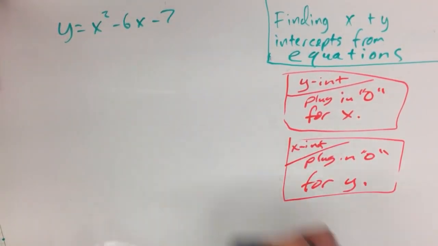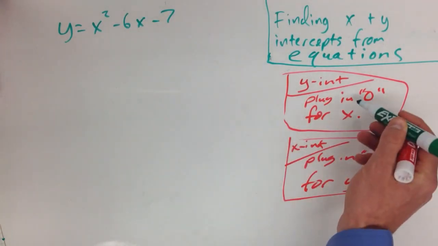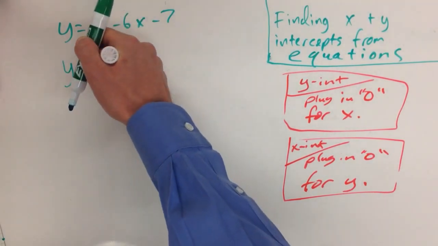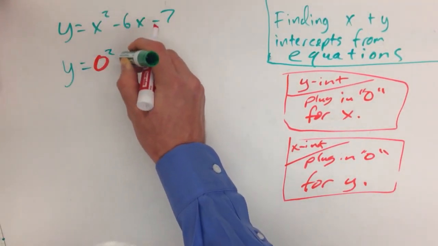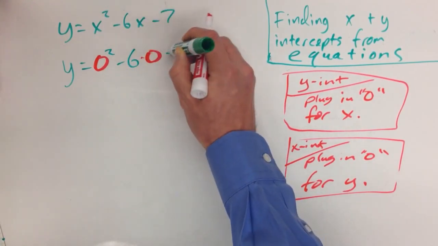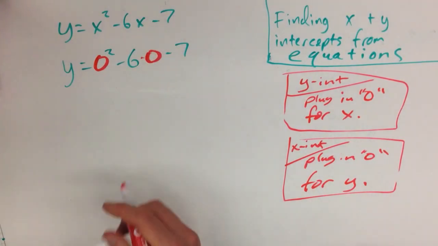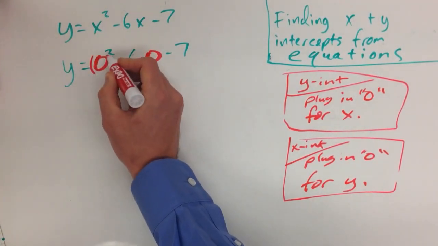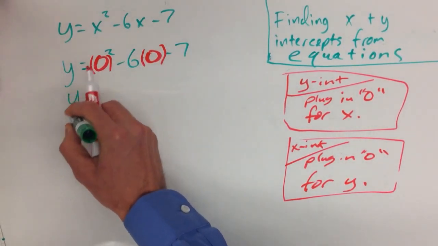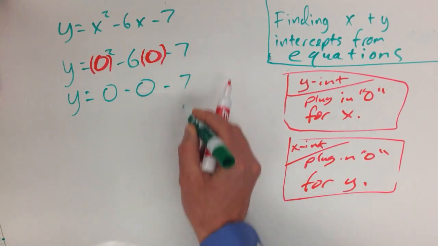So here's my equation. I'm going to start with the y-intercept. It's the easier of the two to find. I said my strategy is plug in 0 for x. So I'm going to go y equals 0 squared minus 6 times 0 minus 7. The reason why this y-intercept is kind of nice is because when I evaluate this, 0 squared is 0, -6 times 0 is 0, minus 7.